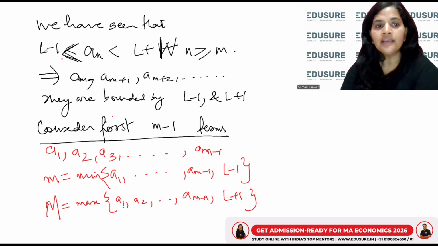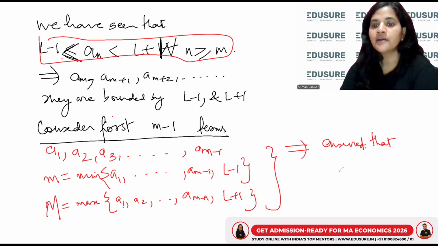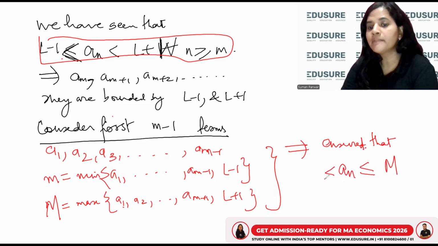Now, if you combine this particular information, we have ensured that a_n is less than or equal to capital M and greater than or equal to small m.